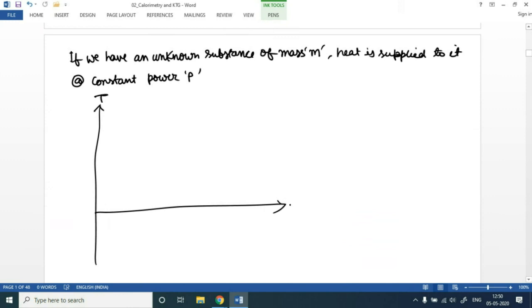Let's say a temperature versus time graph is available to us. Let's say temperature is in degrees Celsius and time is in seconds.